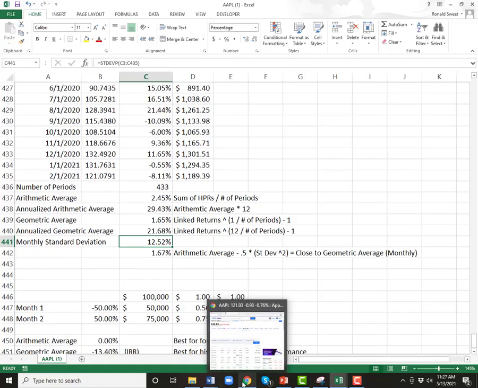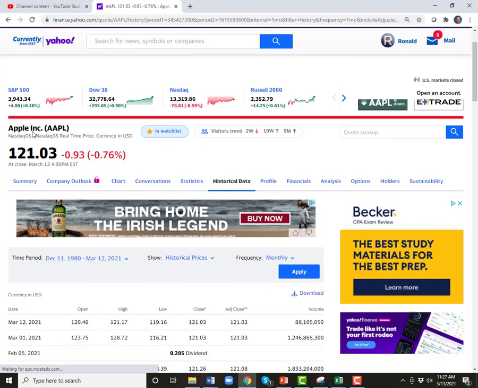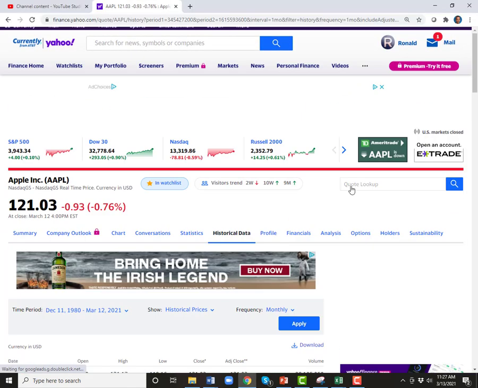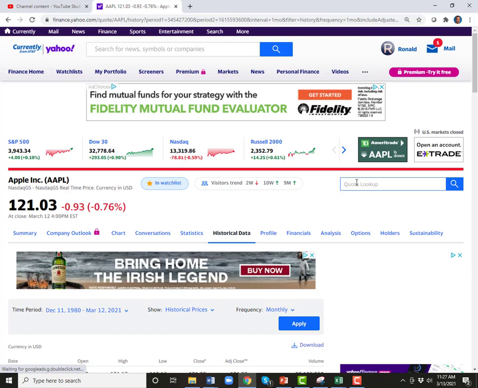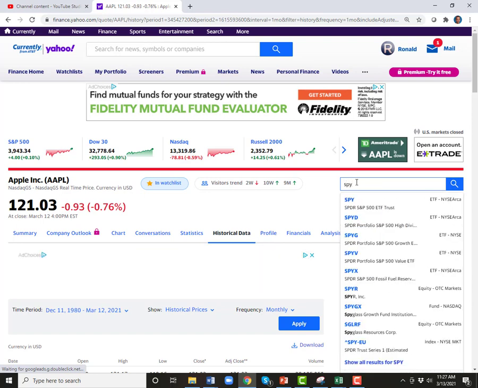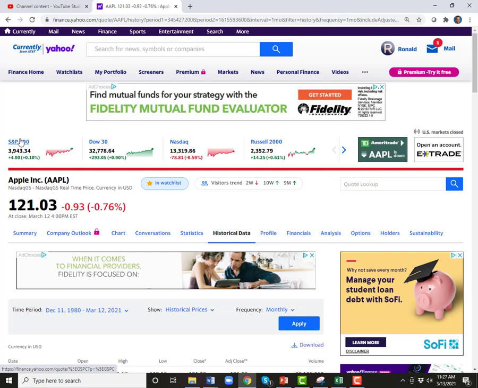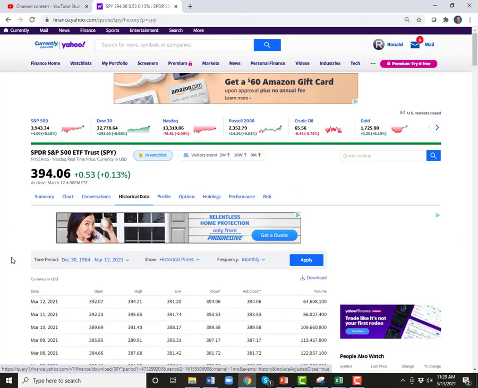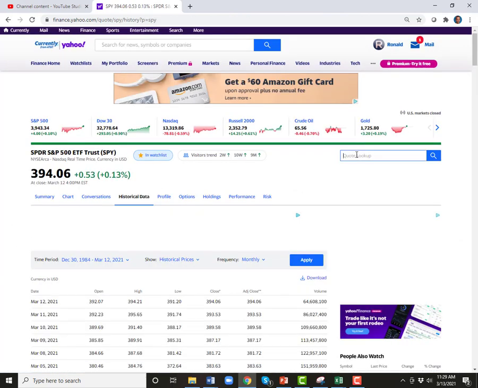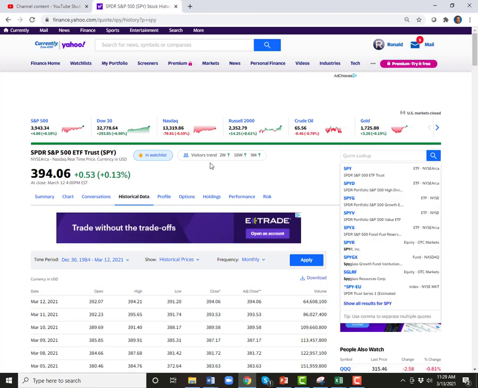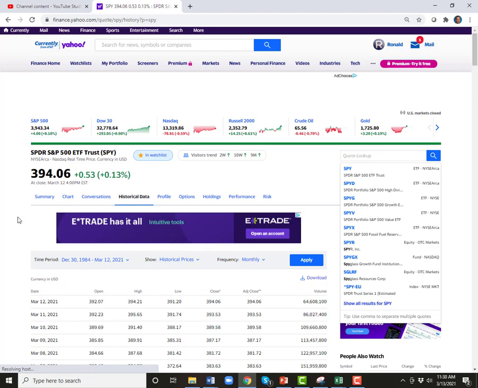So we'll go back to Apple, but what we need here is some industry data. We need some index data. So I'm going to bring in the SPY. Well, actually, we'll just go back to the S&P 500. Alright, so I'm going to use the SPY. It's the S&P 500, but it's an exchange traded fund.